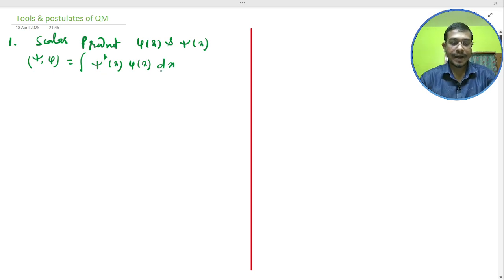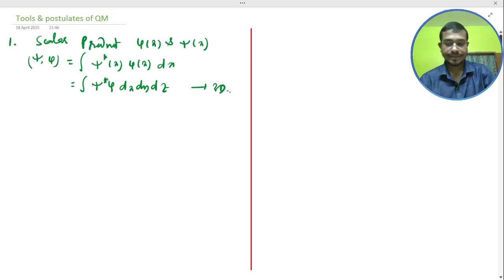Where phi(x,y,z) and psi(x,y,z) are functions in 3D, this is nothing but the integral of psi star phi dx dy dz in 3 dimensions.